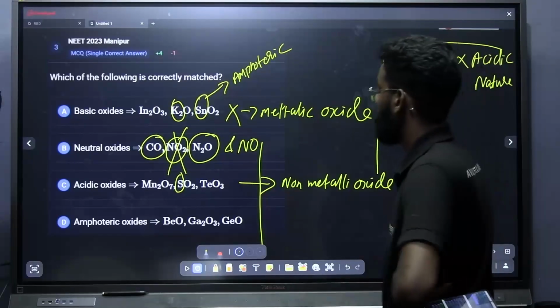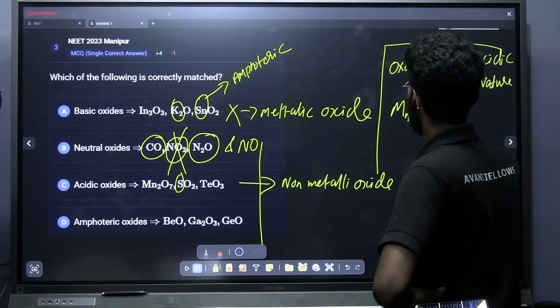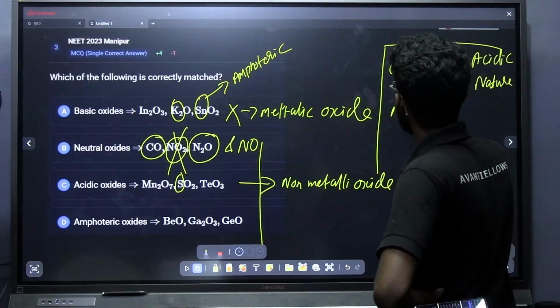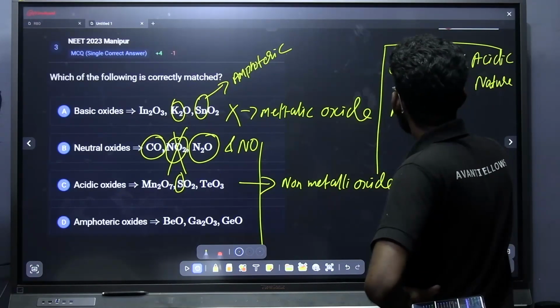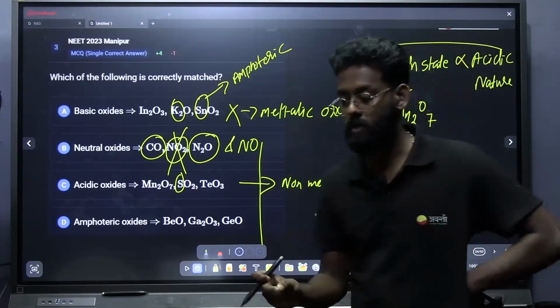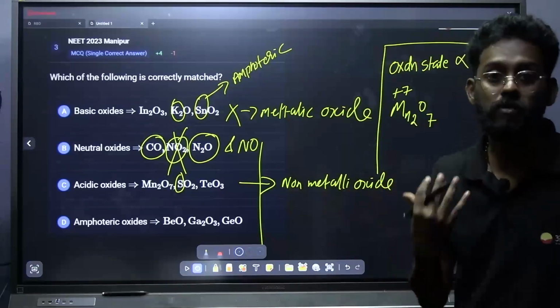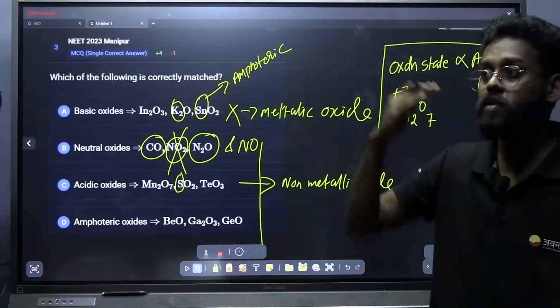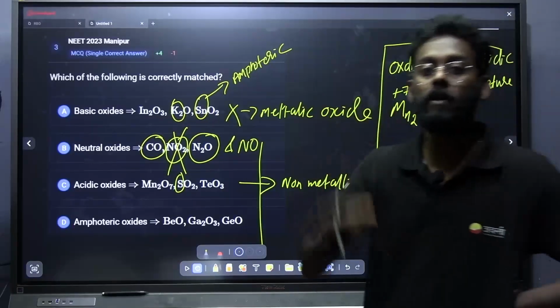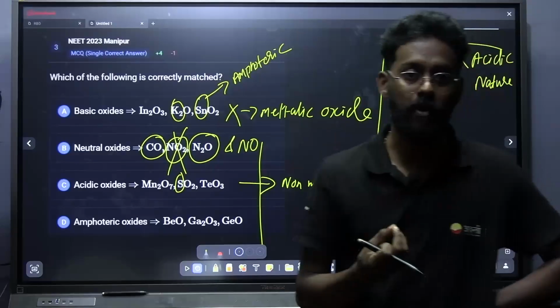Here you can see manganese is Mn2O7, which is in the +7 oxidation state. Because of its highest oxidation state, it has vacant orbitals, so it can receive electrons.